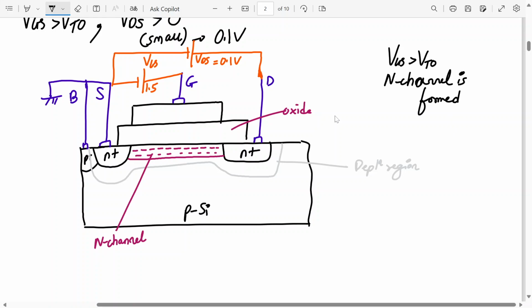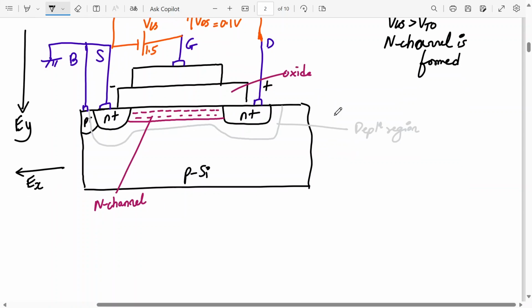Now when we apply VDS greater than 0, a potential difference exists between drain and source. Here we are applying positive voltage and here we are applying negative voltage. These minority carriers are formed due to the EY electric field. Now we have a situation that the EX electric field is also there.